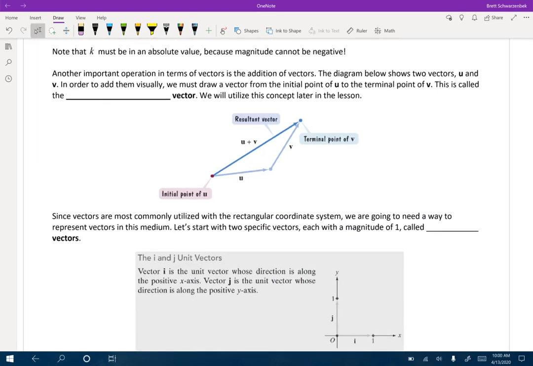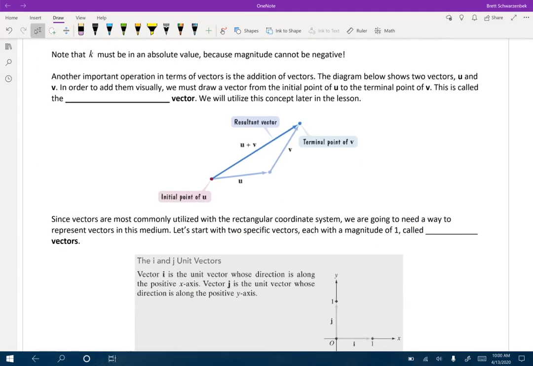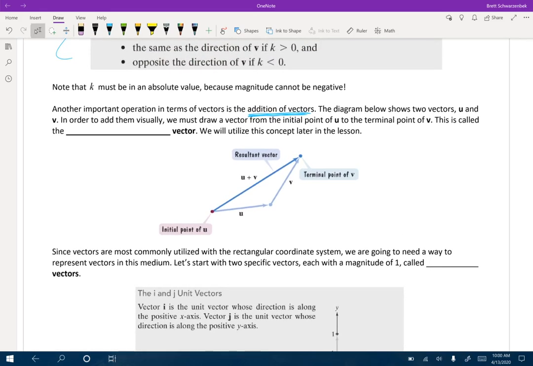Okay, another important aspect of vectors is the addition of vectors. This comes up in several concepts in this section, so definitely take note of it. We specifically call the addition of vectors the resultant vector. So what does that look like?